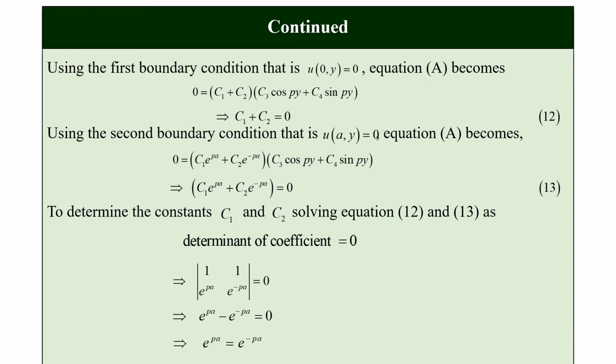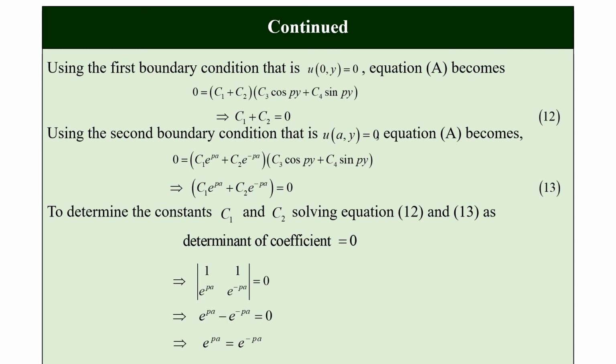Now again, using the second boundary condition, u(a, y) = 0, in solution A we have 0 = c1 e^(pa) ... in place of x we substitute a. So we obtain the solution c1 e^(pa) + c2 e^(-pa) = 0.